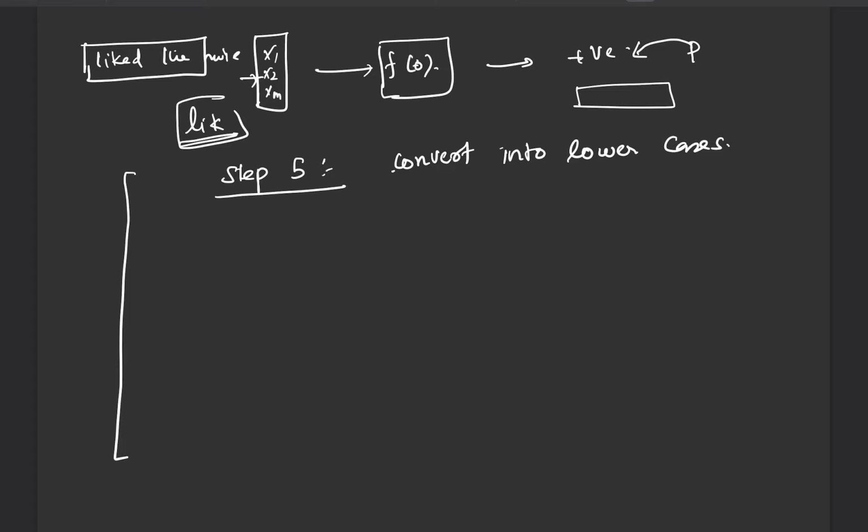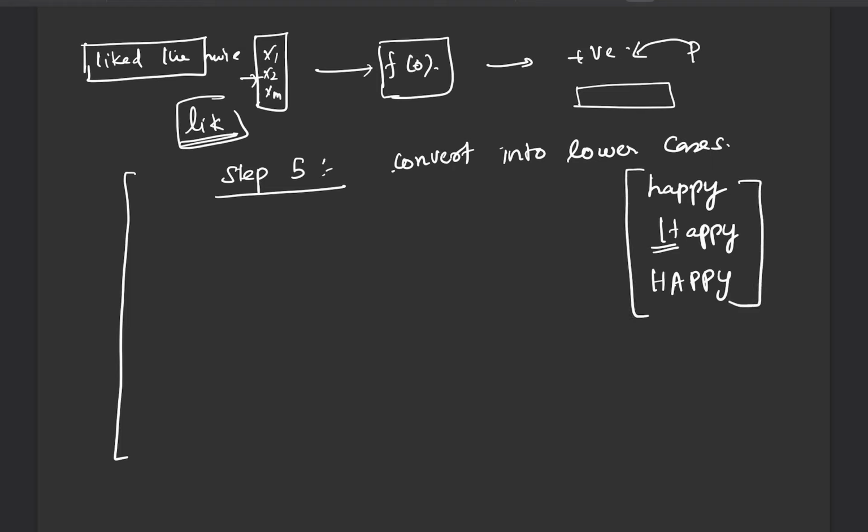So the sentence may have a word happy, another word happy. The first one is in capital letter, another one is different. So when I look at the data, there might be 3 features of the same meaning, happy. So instead of creating 3 features with a different capitalization, I just convert all these 3 into a lowercase, single word happy.